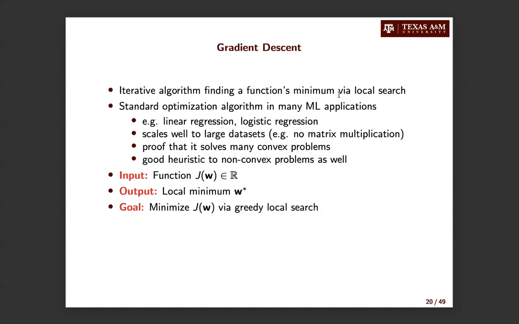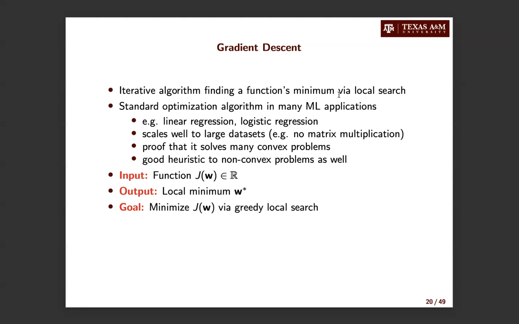So overall, when using gradient descent, we can solve an optimization problem that is characterized by a function J of w. W is the vector with respect to which we would like to solve our optimization problem.